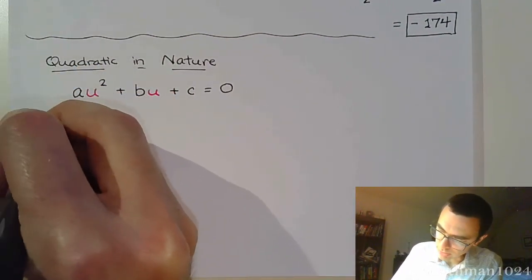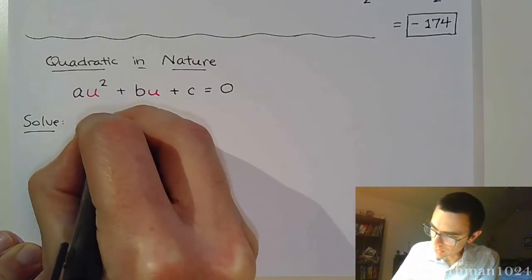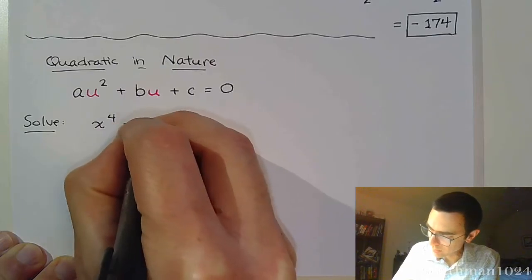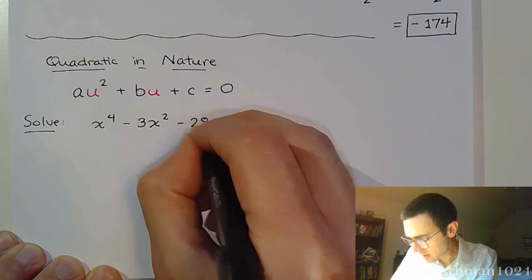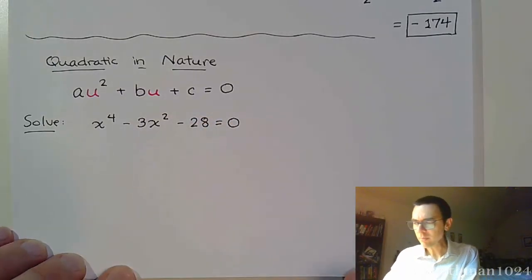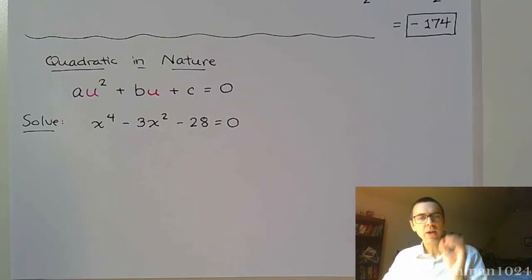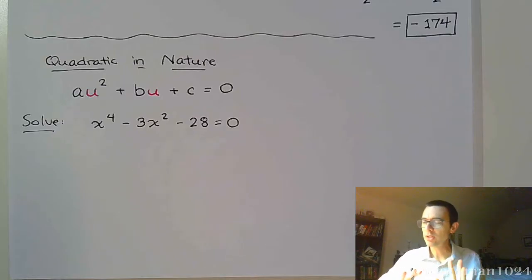So for example, if I take x to the 4th minus 3x squared minus 28 is equal to 0. Now, you don't have the square, the x, and the constant like we're used to seeing, but we have things that are very close to that.